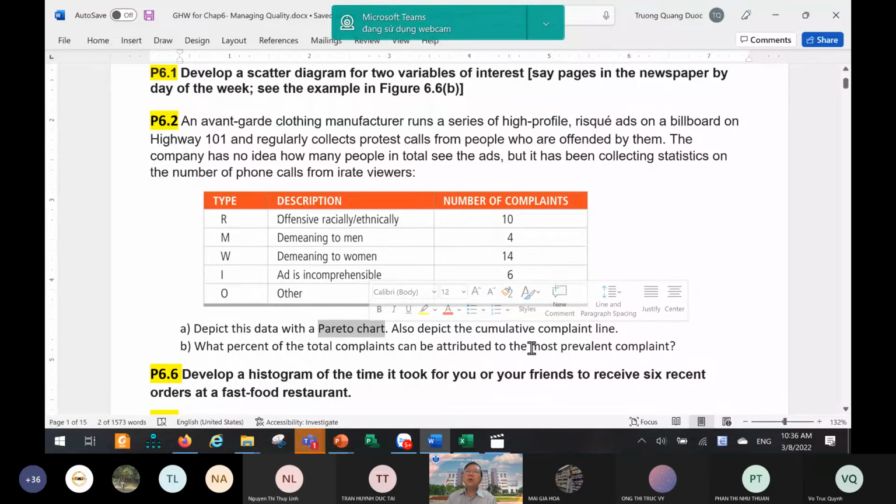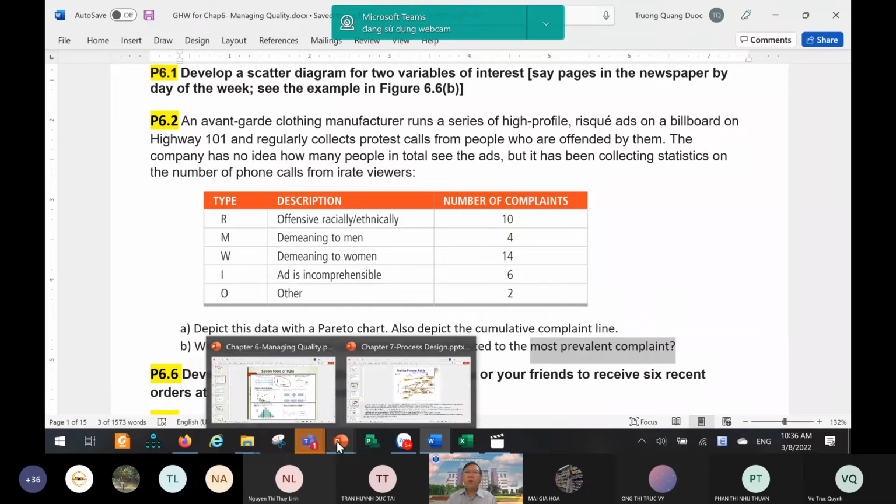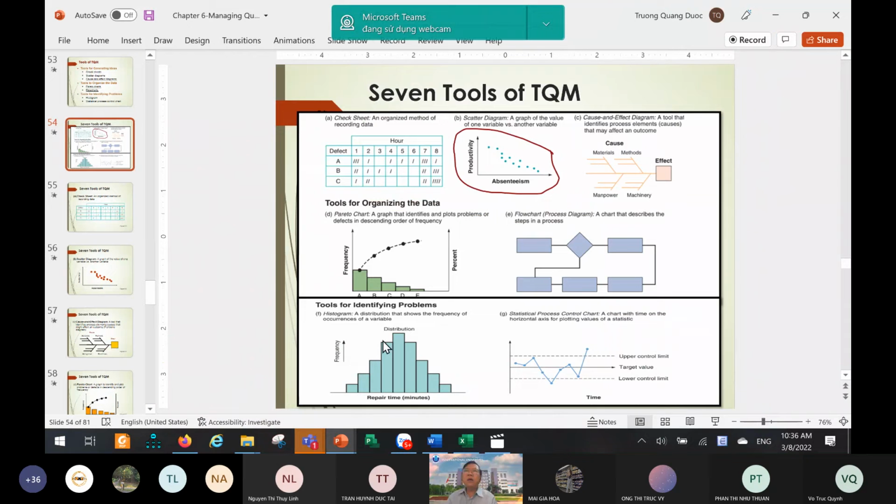Most of the groups, again, have a raw Pareto diagram. So what is wrong? What is wrong for the Pareto? Look at this one, Pareto is here. Please be careful. So you have the frequency here.